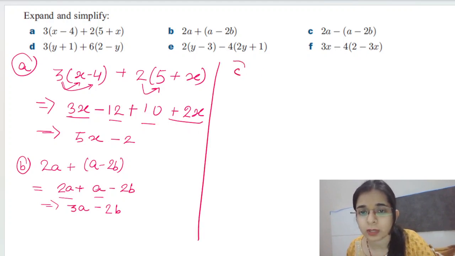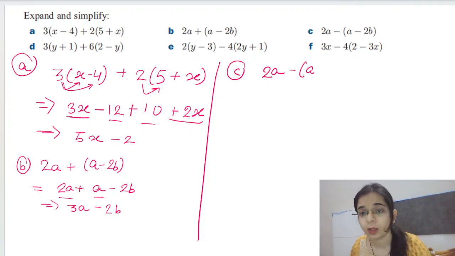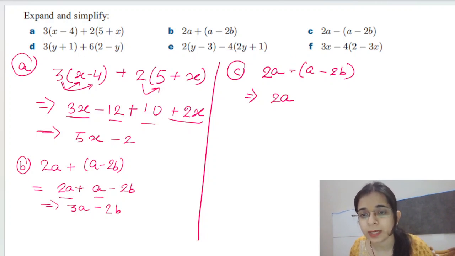Now moving to the next question, this is 2a minus a minus 2b. Now here you can see this is an expression inside the bracket, and outside the bracket we have a negative sign.